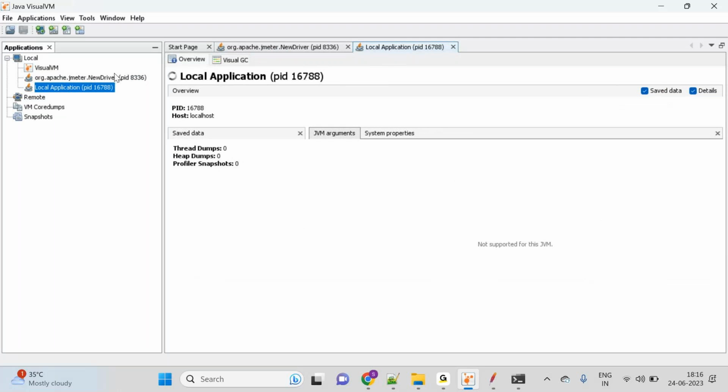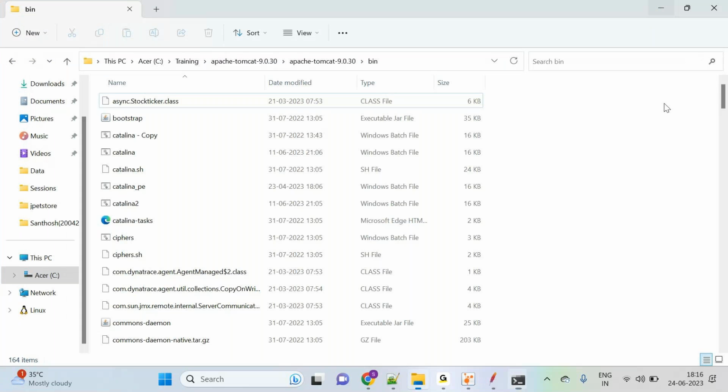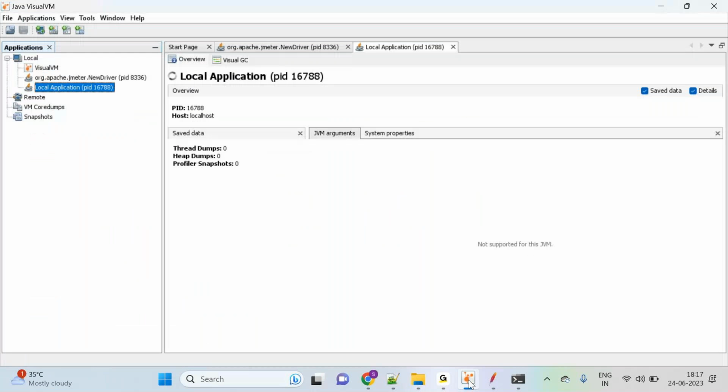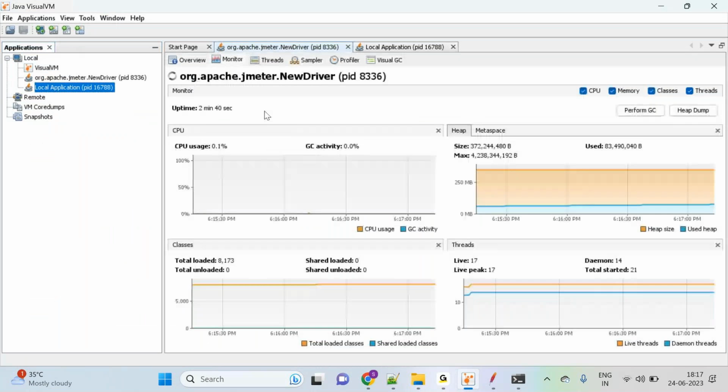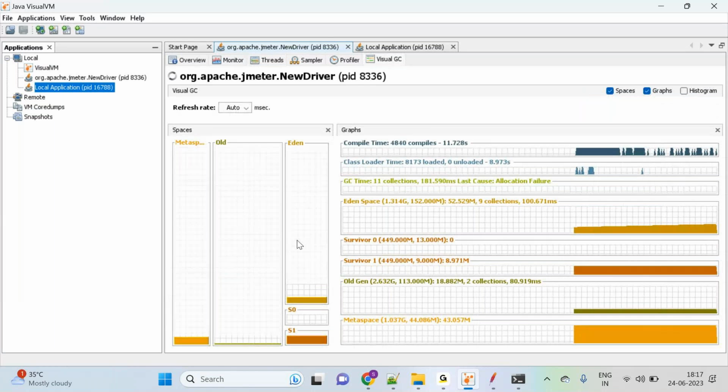These are just examples, guys. I wanted to show you that these run on the JVM, and that the JVM can be monitored using JVisualVM or JConsole. In our regular session we will discuss in a detailed way the memory related, thread related and garbage collection related views.